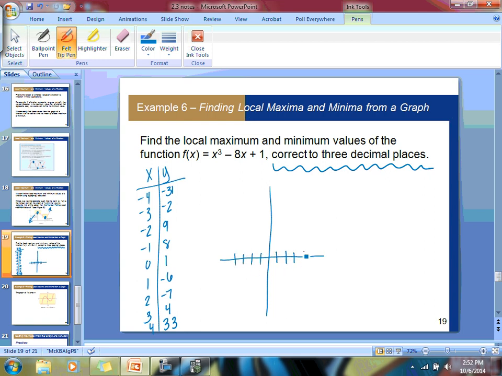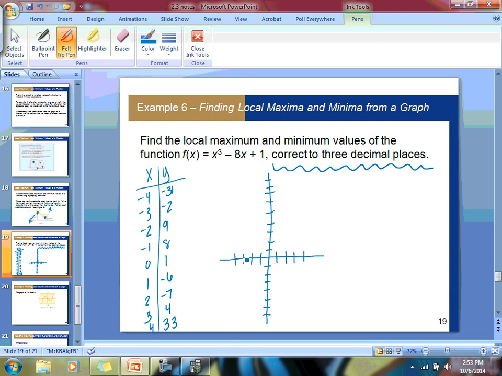Let's see, my highest y value looks like it's 9. And my lowest, besides my extremes here, was -7. So -4, -31, I'm going to be way off the graph.